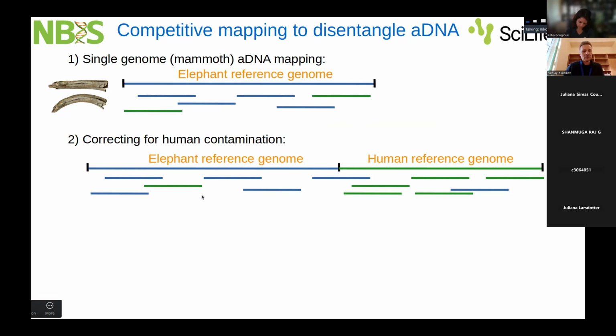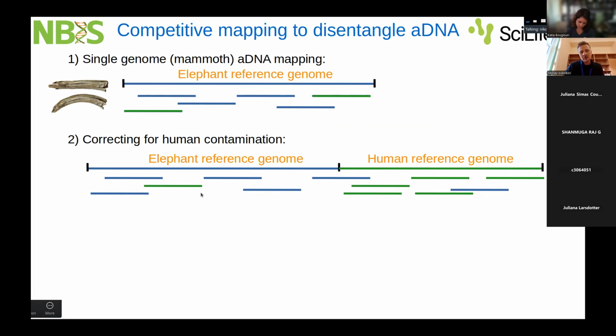Basically, the reads have to decide: do they have a high affinity to the elephant reference genome, or to the human reference genome? In this way, there is at least a potential to disentangle the human reads from the elephant reads.